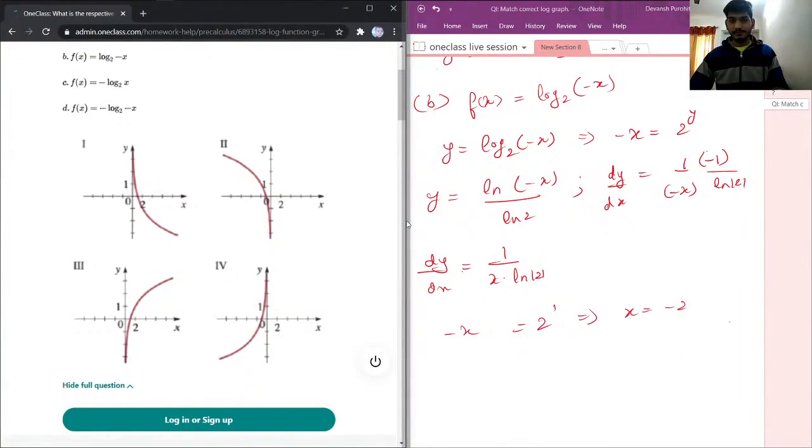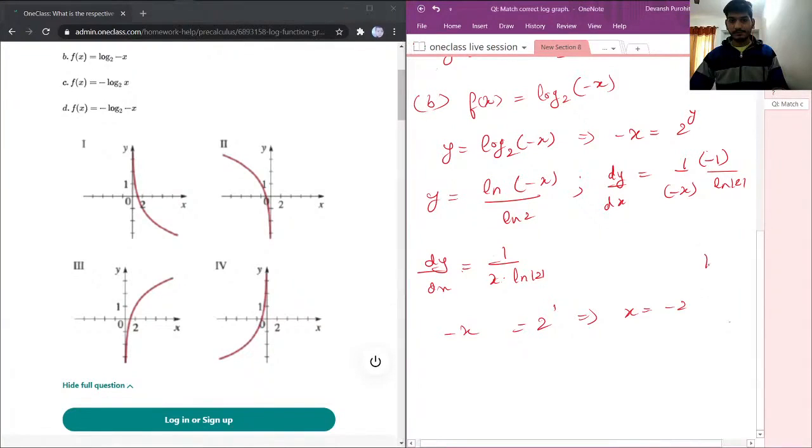So this is a positive slope. For y equal to 1, I have x equal to negative 2. So for B, the graph will be number 4. Then for positive y, I have negative x.